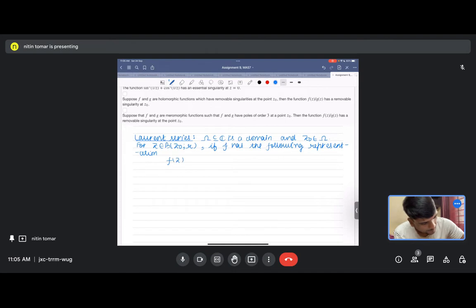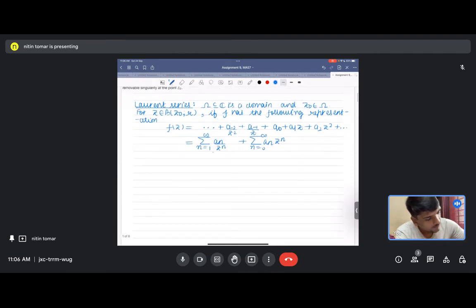f(z) equals a naught plus a1 z plus a2 z square and so on, plus a minus 1 by z plus a minus 2 by z square and so on, which means we can write it as summation a_n by z^n, n going from 1 to infinity, plus summation a_n z^n, n going from 0 to infinity.